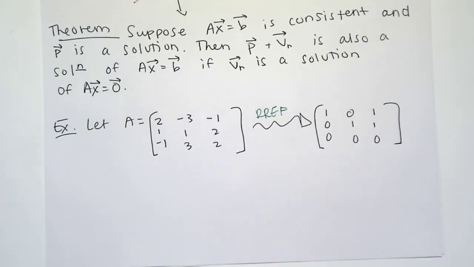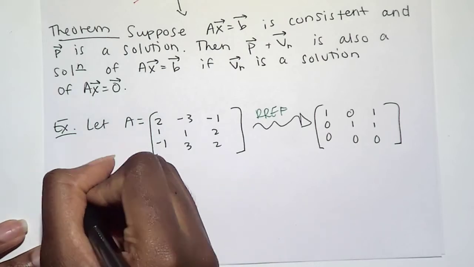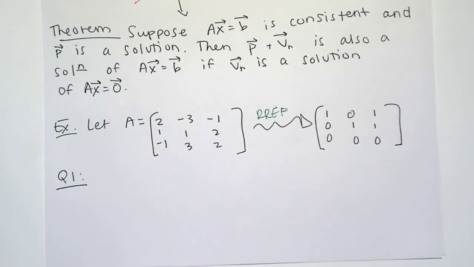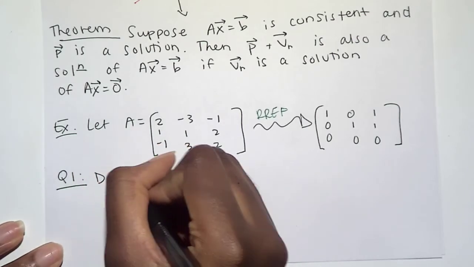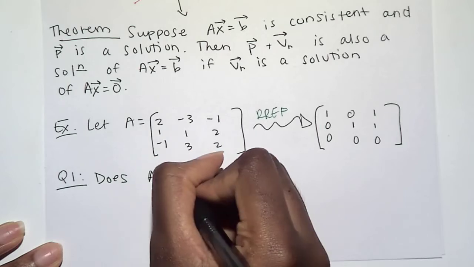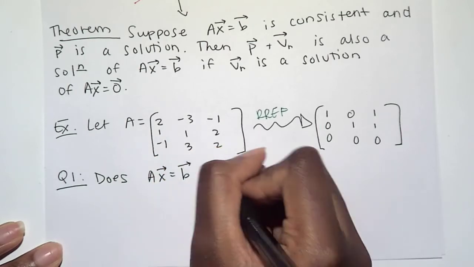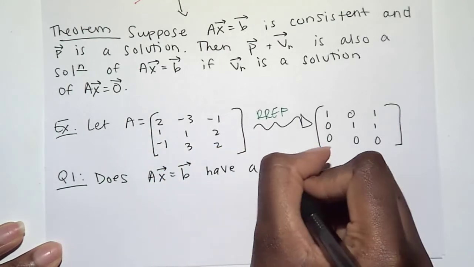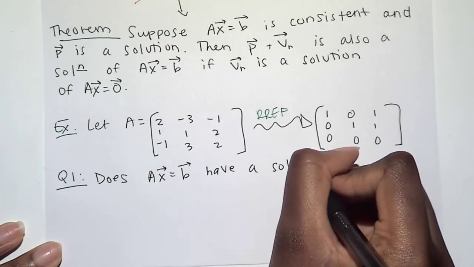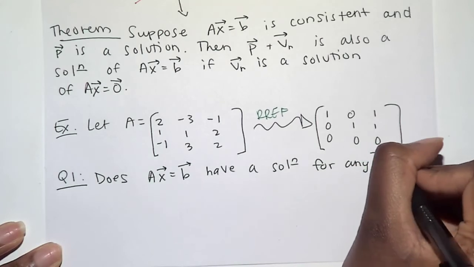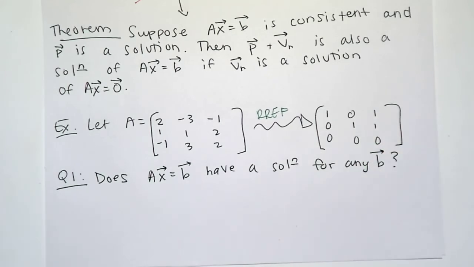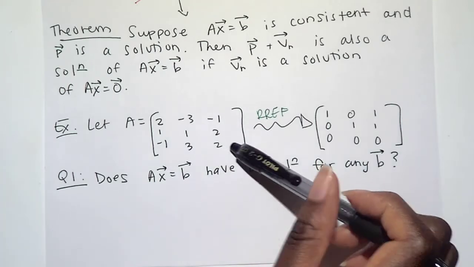Okay, so I have 2 questions for us, like I mentioned. Question number 1. Does AX equal B have a solution for any B? All right, so I want you to take a moment and think about that. Can I choose just any B that I want to set this equal to?